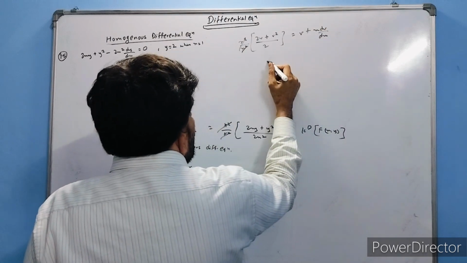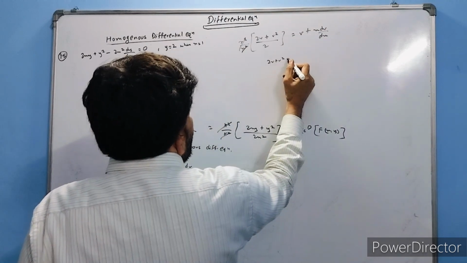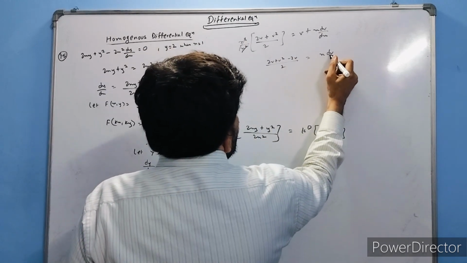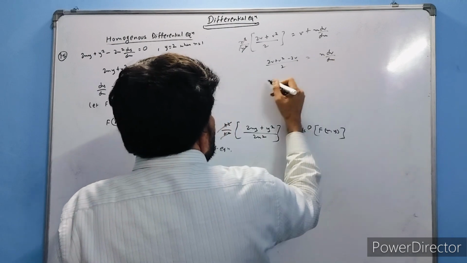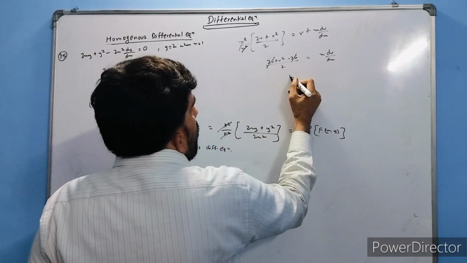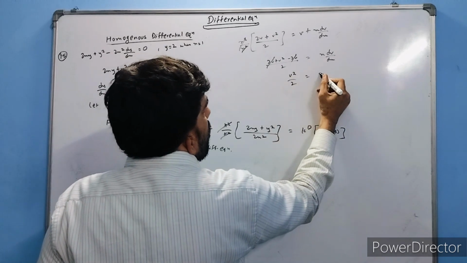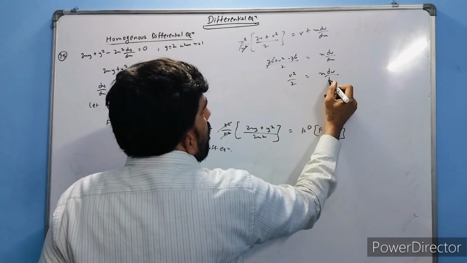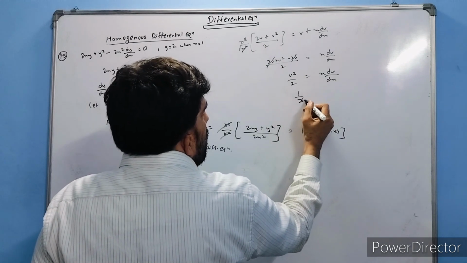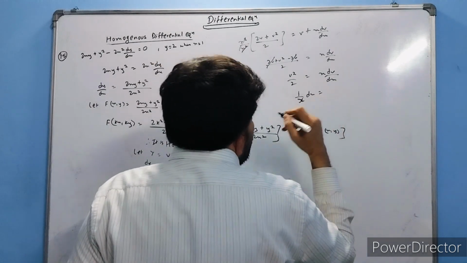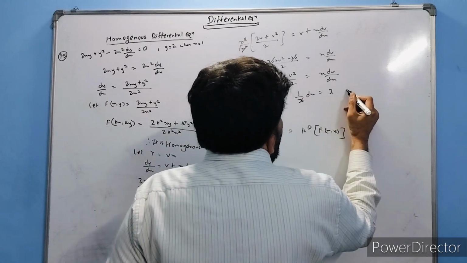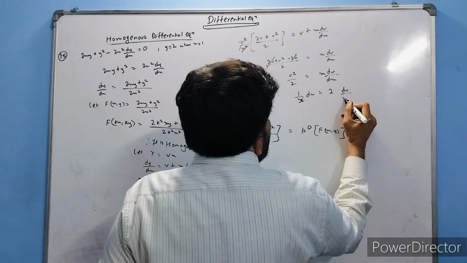So now 2v plus v square minus 2v upon 2 is equal to x dv upon dx. So now we have v square upon 2 is equal to x dv upon dx. So 1 upon x dx, we can write 2 outside, and we have dv upon v square.